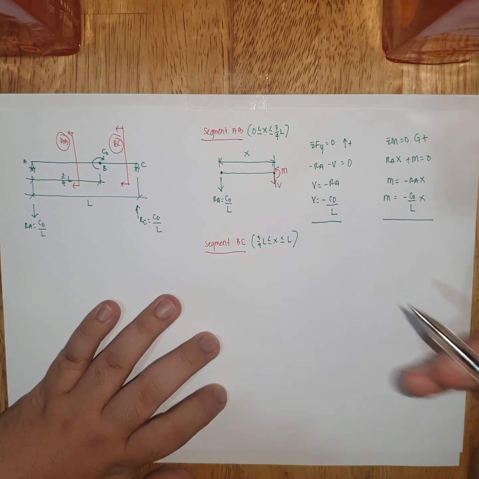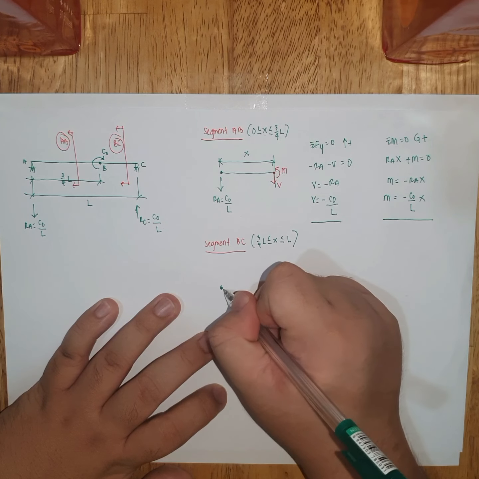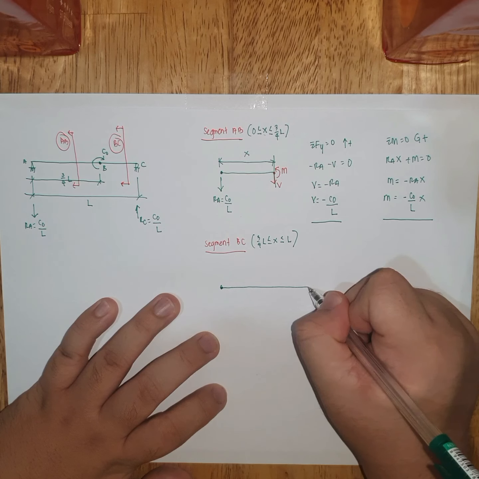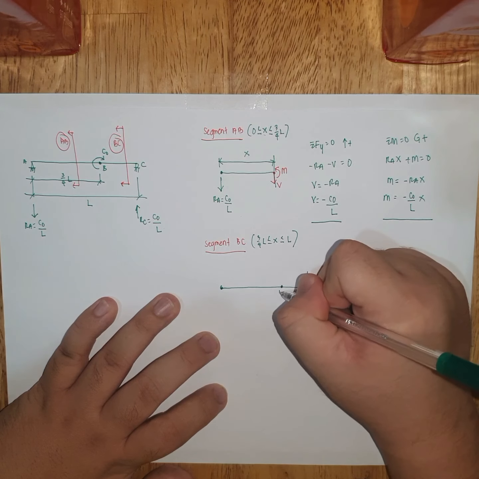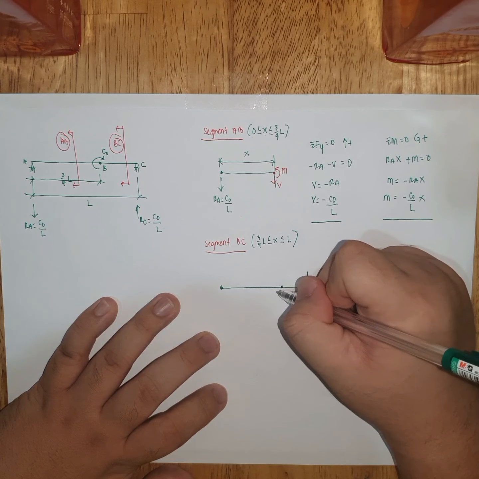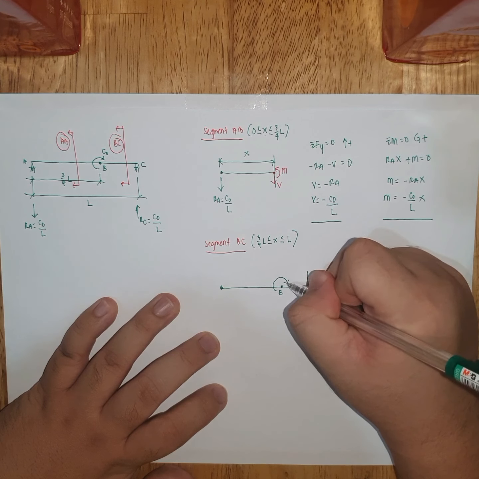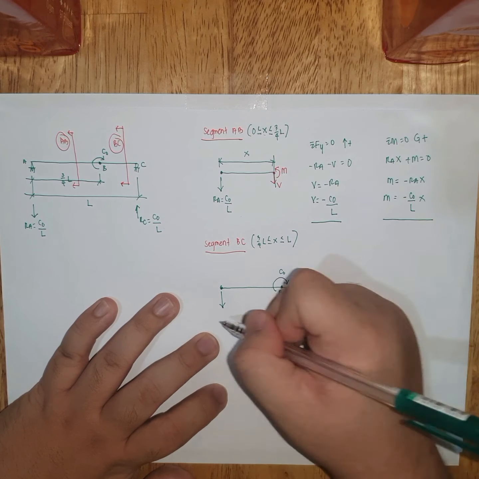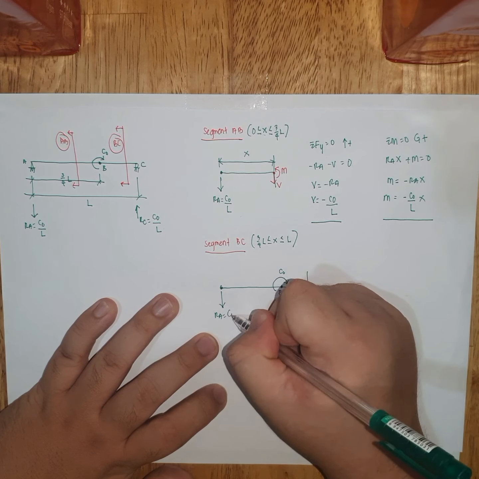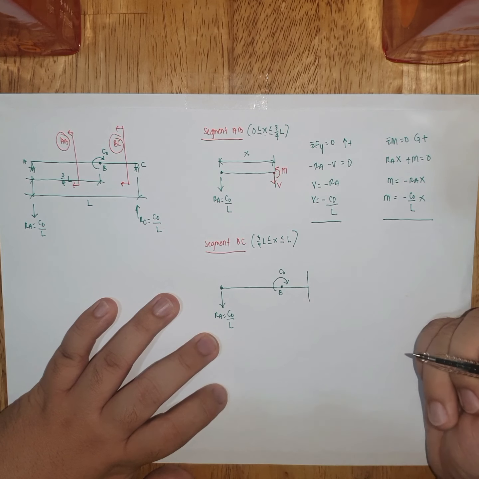And draw lang natin yung free body diagram. Ito yung cutting plane. Then ito si B. So si B natin may applied na clockwise na C sub O. Okay? And si RA merong value na C sub O over L.